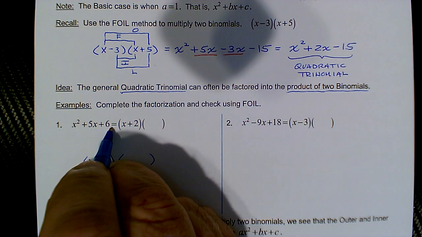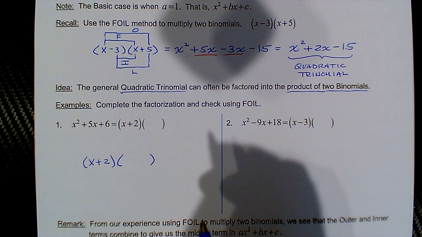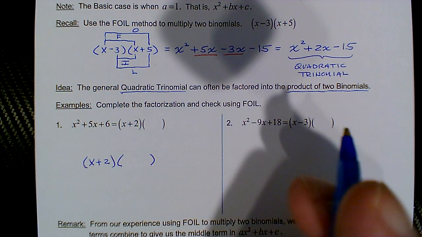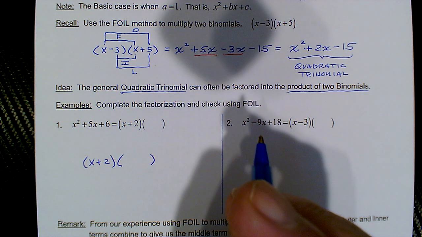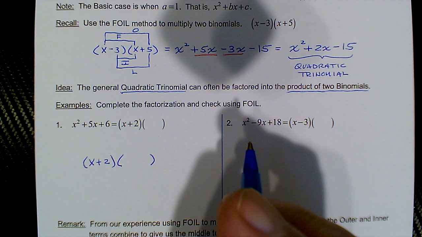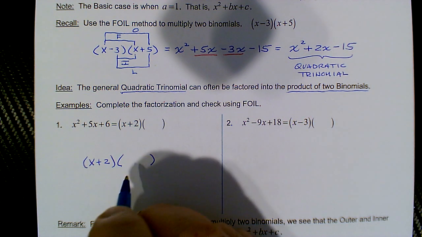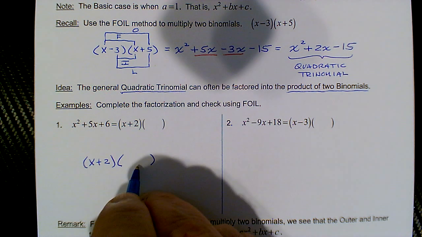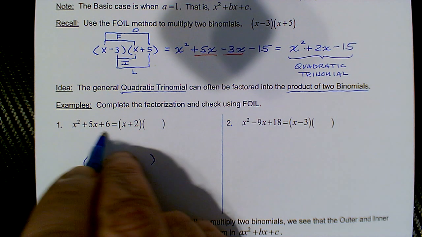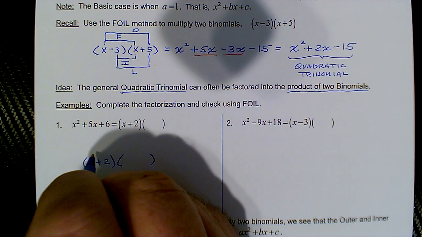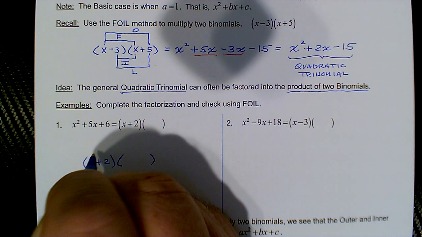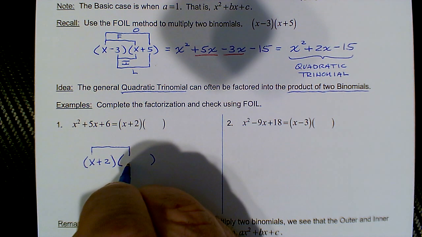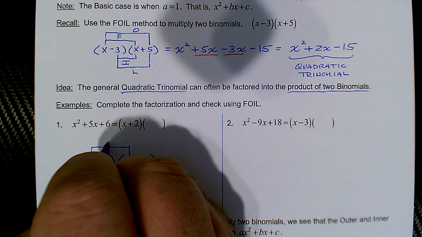of this quadratic trinomial. So it says here to complete the factorization and check using FOIL. What we could think of is basically foiling this. How would these terms look such that when we FOIL out this product of two binomials, we get this quadratic trinomial? Well, with one of the factors filled in, it's rather easy, because you could say to yourself, we need x times something, which is the product of the first.